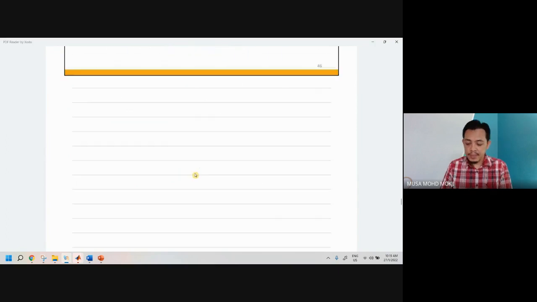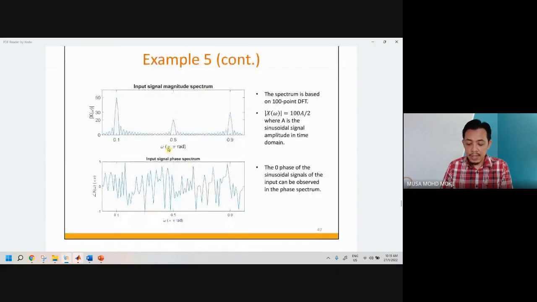But we know that we have at least three distinctive frequencies. After we plot this, we know the first frequency is 0.1 pi, the second is 0.5 pi, and the third is 0.9 pi.